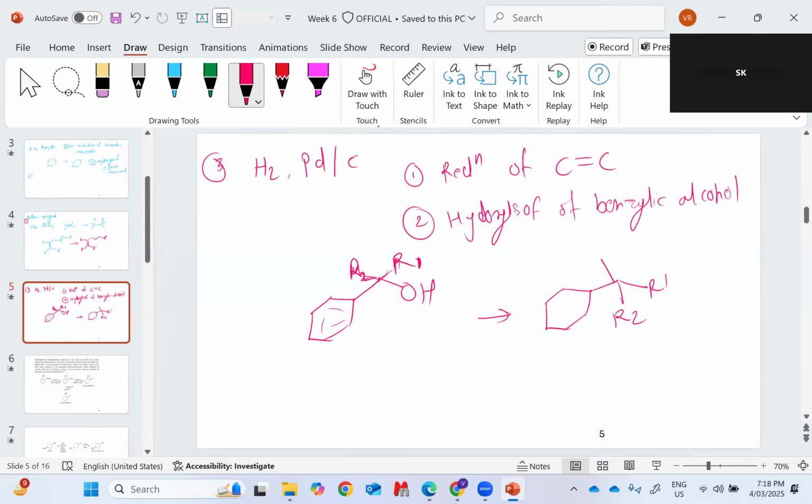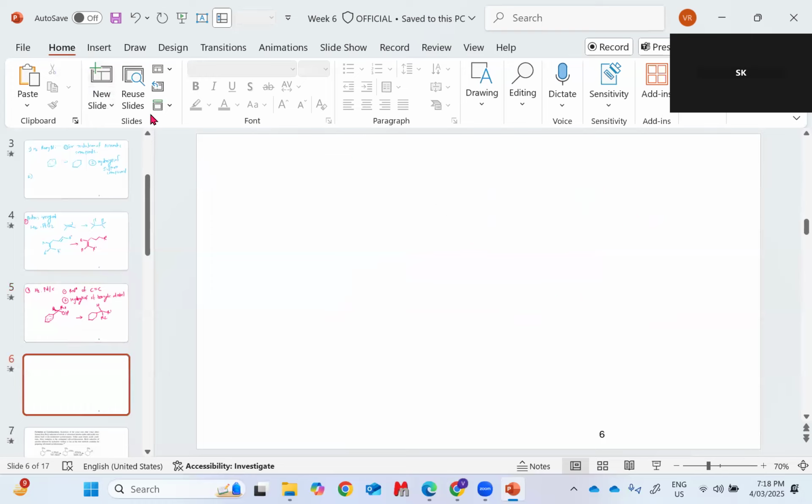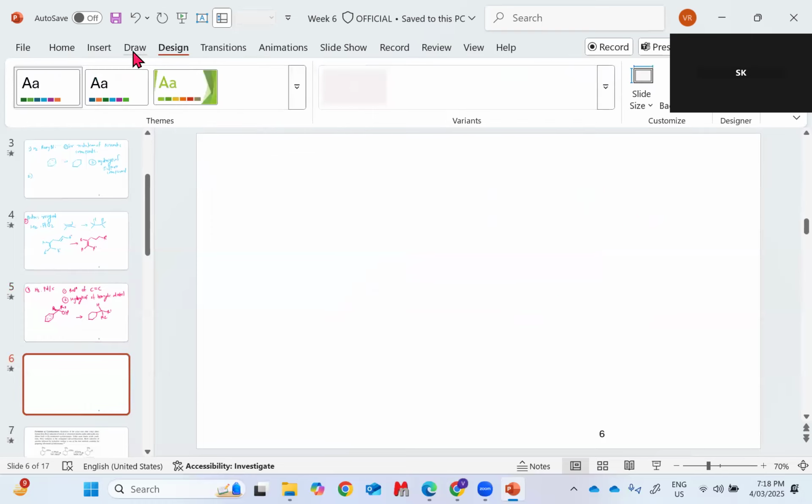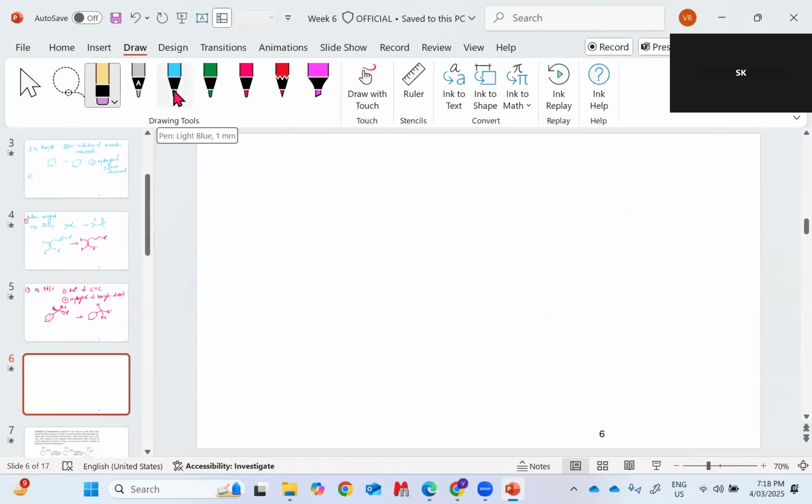So anti-addition of this hydrogen takes place in this case. In this way, you can use this reagent for multiple purposes, that is, the reduction of the double bond or the hydrogenolysis of the benzylic alcohol.